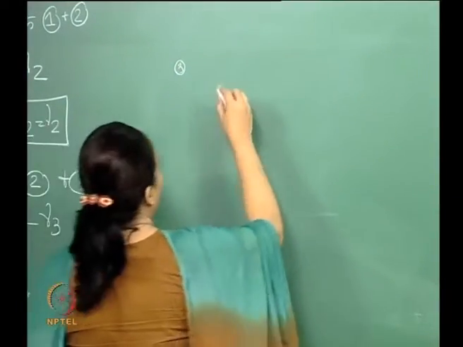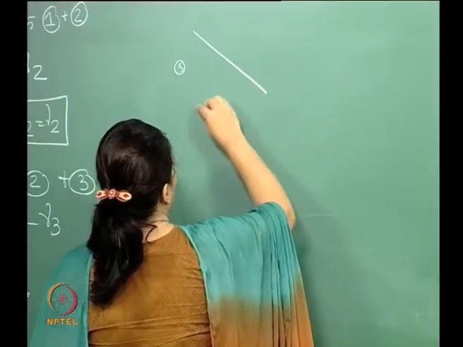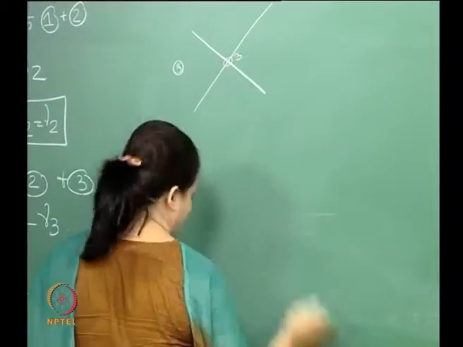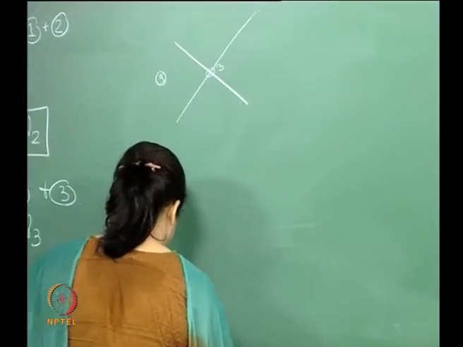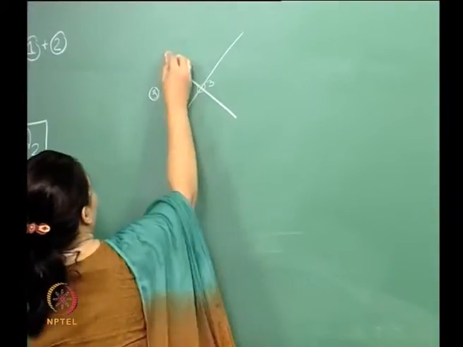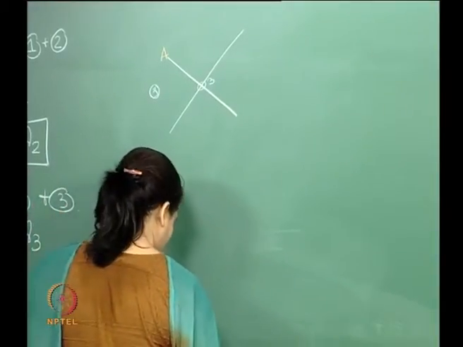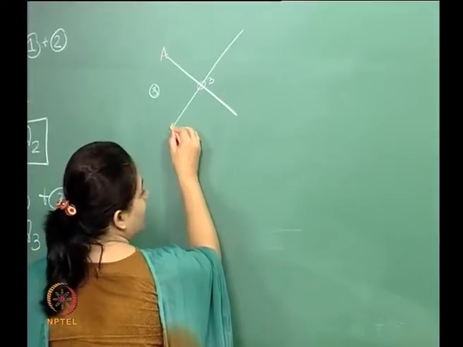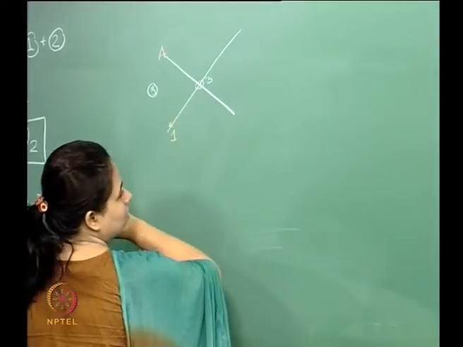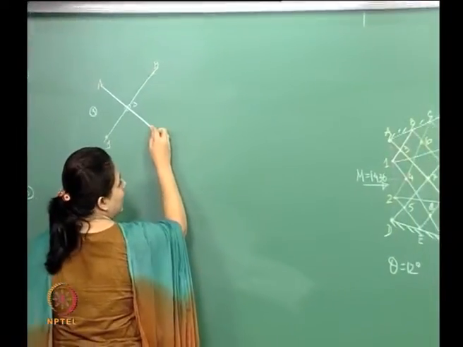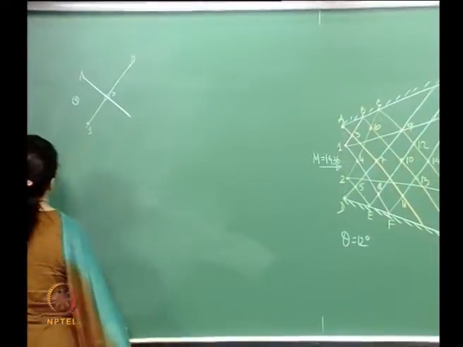Okay, so at the point 3, this is my point 3. Okay. So here we have A, okay, and here we have 1, okay, and here we have B, and okay, so that's it.